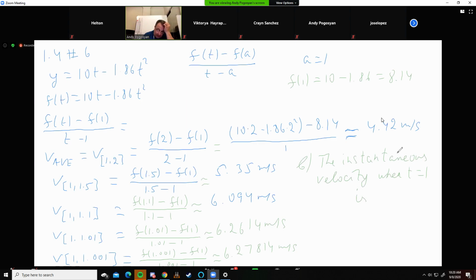So we can make a conclusion. The instantaneous velocity when t equals 1, which means when t approaches 1, is 6.28 meters per second, something like this. By making the time interval smaller and smaller, the time and distance that allow the speed to change become so small that we can consider the speed constant. So that's the instantaneous rate of change.